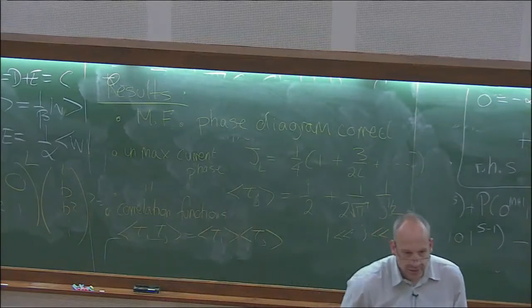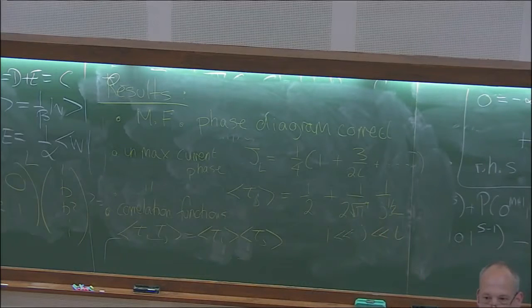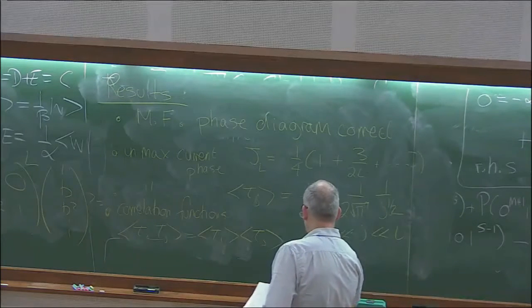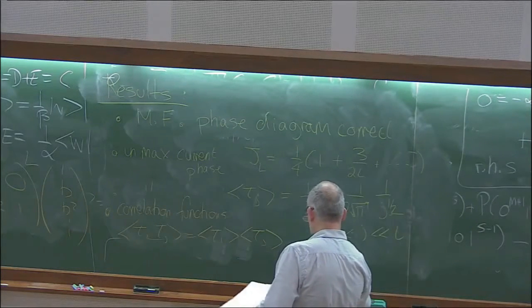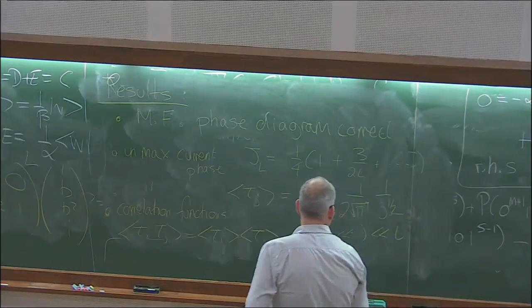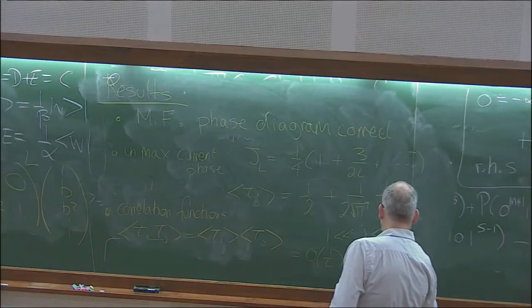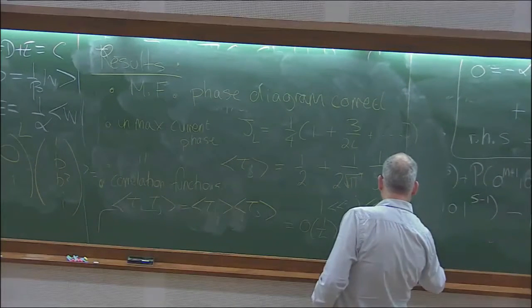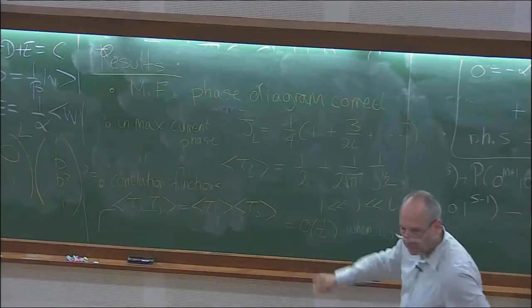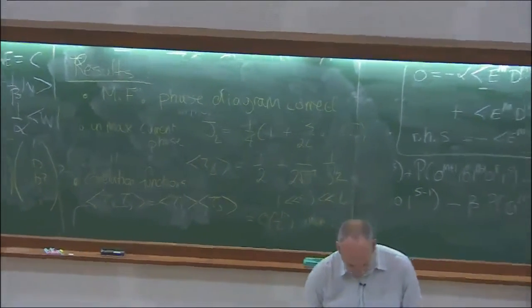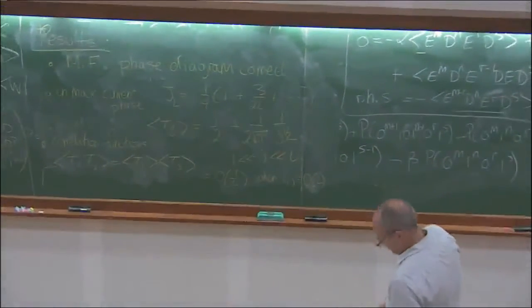So if there were no correlations, this would be 0. And in fact, from the exact solution, this is of order 1 over L when i and j are of order L. So if we're in the bulk, far away from the boundaries, the correlations are of order 1 over L.